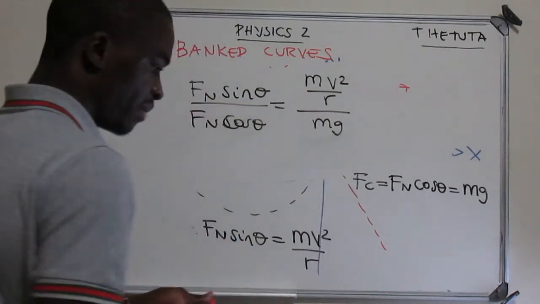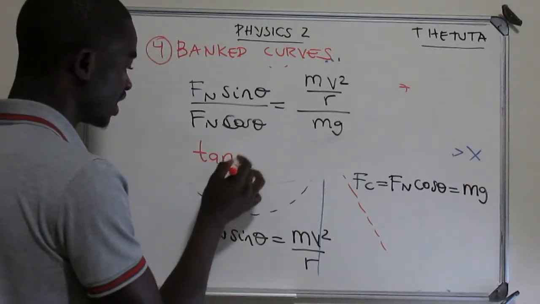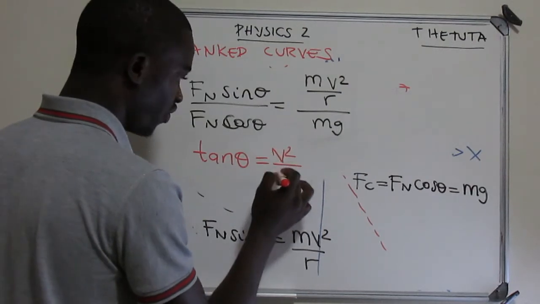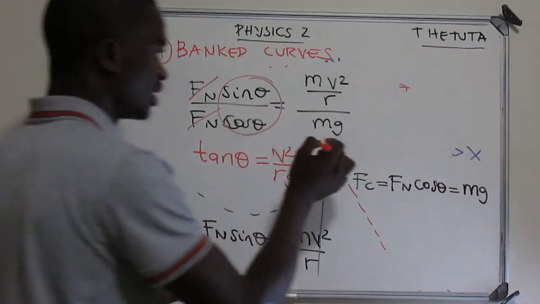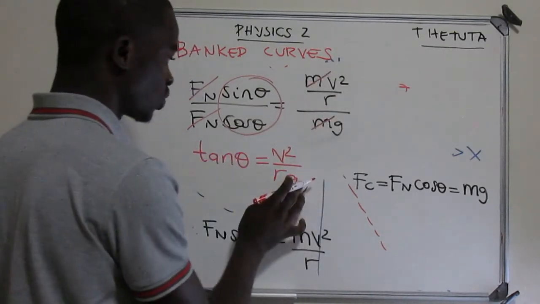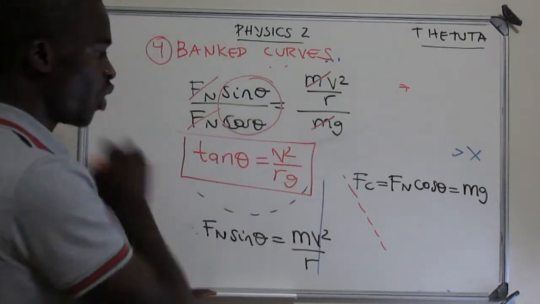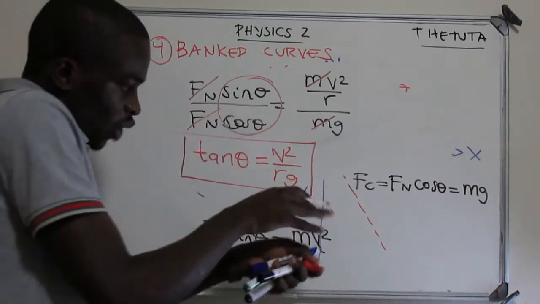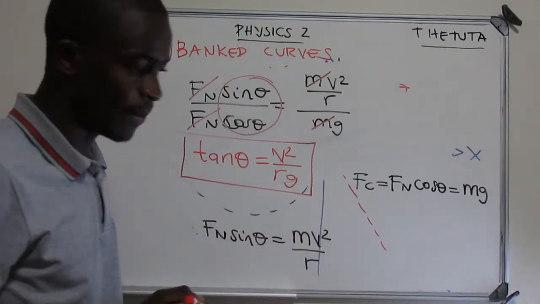If you do your mathematics, you're going to remain with tan of the angle, which is given by the velocity squared over rg, because this cancels that, this changes to tan, and this cancels that. This formula we are going to use more often when we are asked to calculate the angle at which this object is bent in the curve.